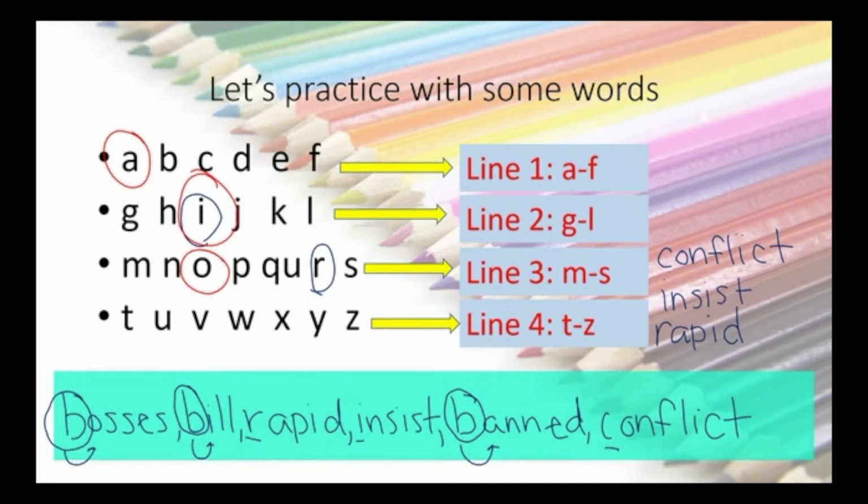And that makes it much easier for us to go ahead and determine this. So that means that band will come first, followed by bill, and right before conflict, we'll have the word bosses. Which for some reason did not want to write.